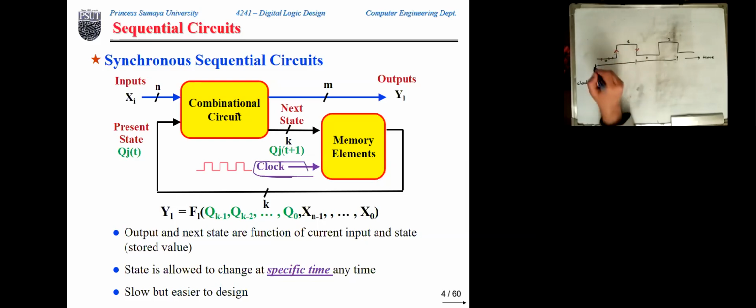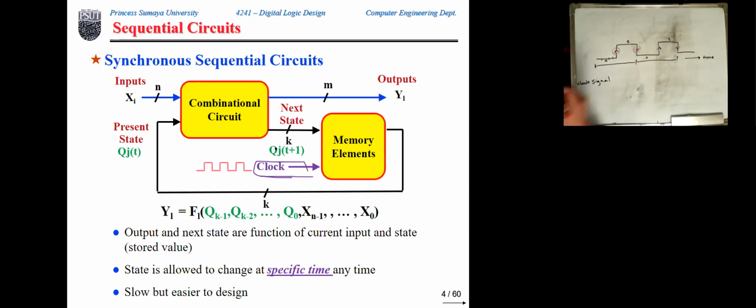So I can design my storage element in the synchronous sequential circuit such that it is allowed to change its stored value at this instant or at this instant of time. So this is how we can tell the circuit when it is allowed to change the stored value.